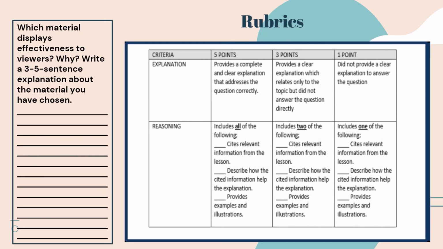So, answer that with a 3 to 5 sentence explanation. Okay, and your work will be graded according to this criteria, your explanation and your reasoning. So there you have our rubrics for checking your explanation or your paragraph for the explanation. Okay.